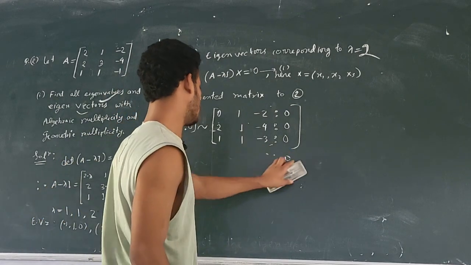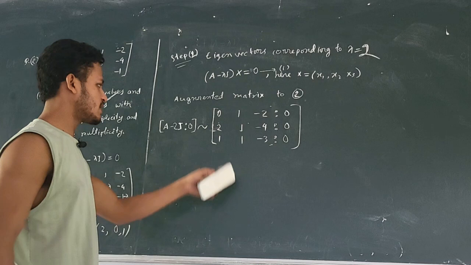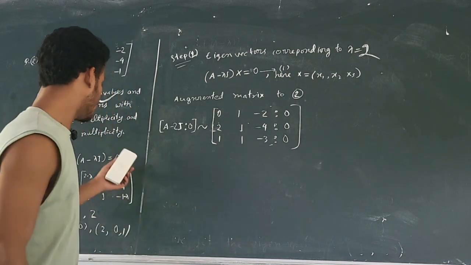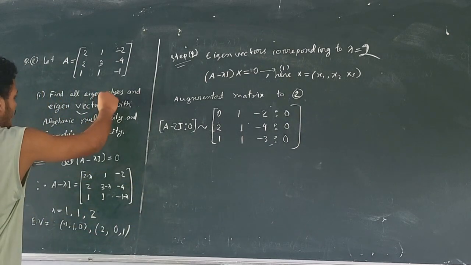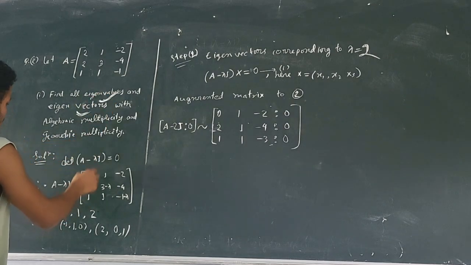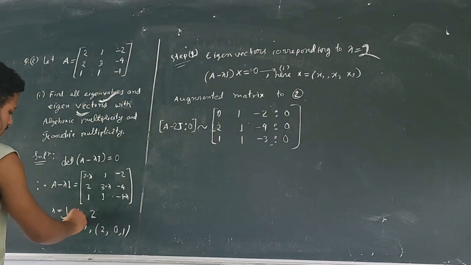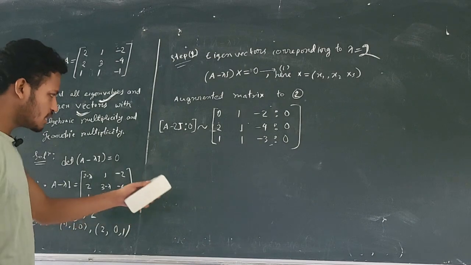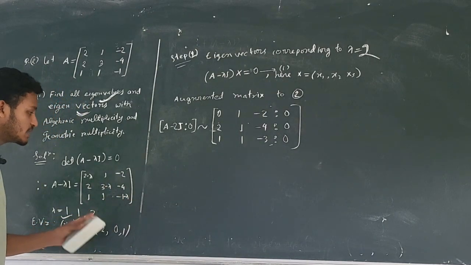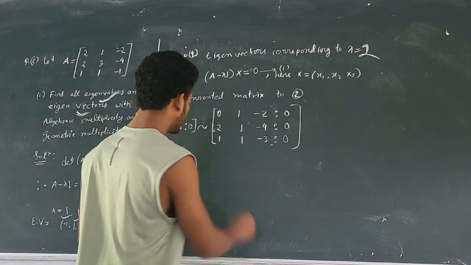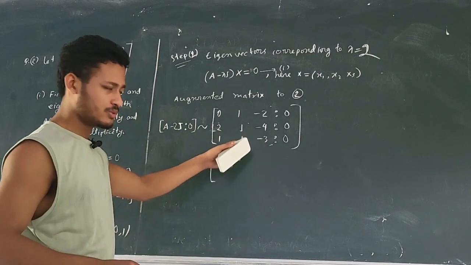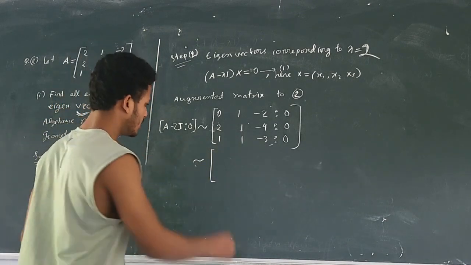You can do this by a similar process. So we have found the eigenvalues and eigenvectors corresponding to lambda equal to 1, and now the remaining part is to find the eigenvectors corresponding to 2. I think you can solve this by yourself.